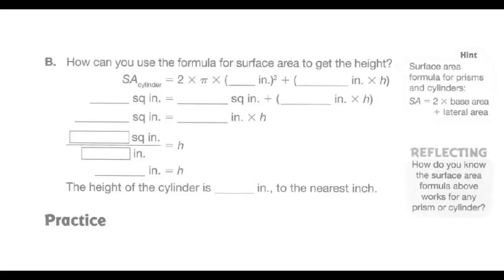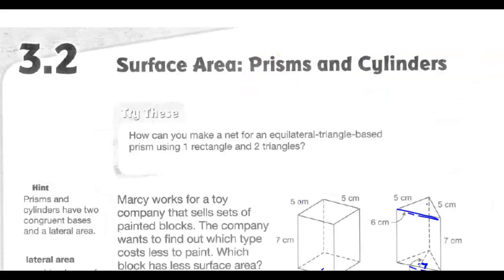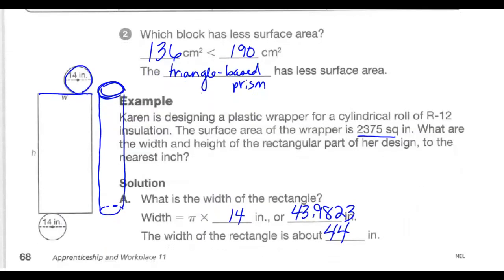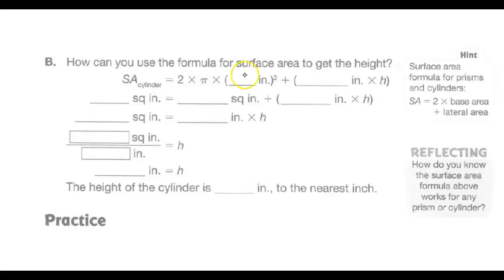So remember, surface area for prisms and cylinders is 2 times the area of the base plus the lateral area. So here, this is 2 times pi r squared plus, then we need the circumference times the height. So if we go back and look at that diagram again, our diameter was 14, so our radius is 7, okay?